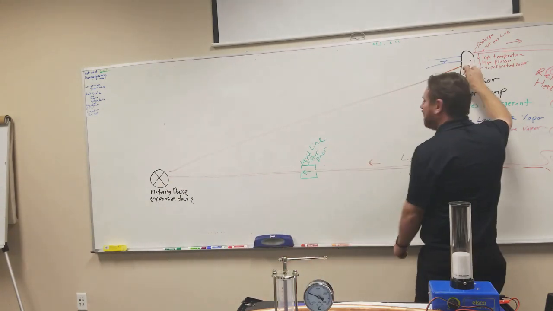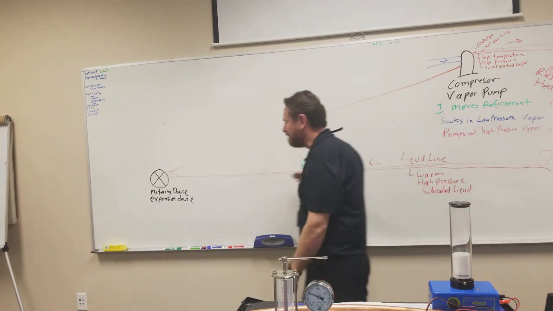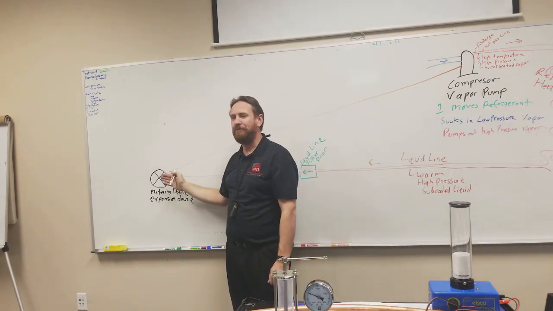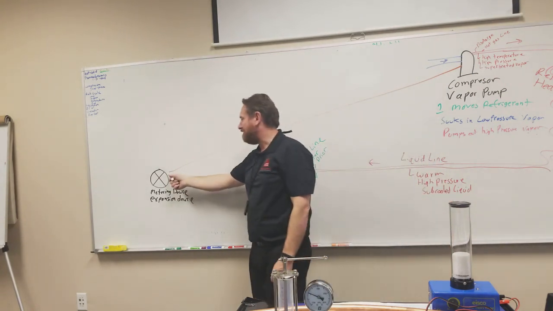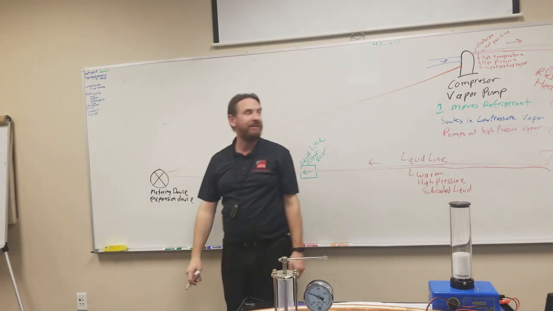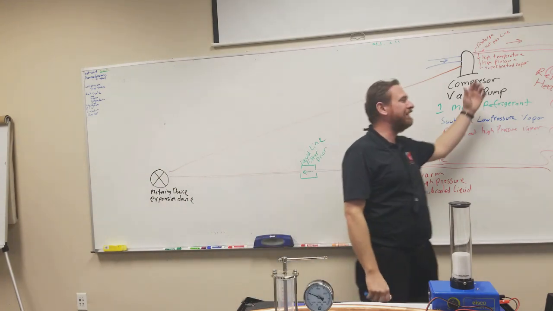The compressor has to have that metering device because if I'm pushing refrigerant, I need a small hole for it to back pressure against. If I didn't have the metering device, the refrigerant would flow freely and I would never build high pressure up.